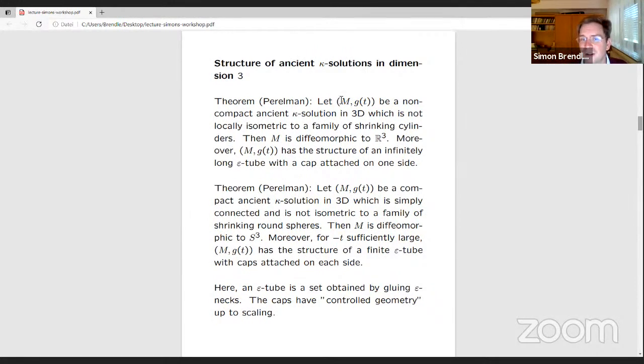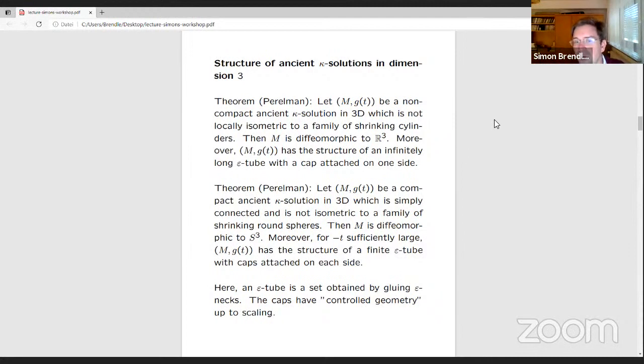Let me begin with the non-compact case. If you have a 3D ancient solution which is non-compact and kappa non-collapsed and satisfies the other conditions, then it's either locally isometric to a family of shrinking cylinders. In other words, up to isometry, it's just a quotient of these shrinking cylinders. Or the other possibility is that the solution is diffeomorphic to R3, so you understand its topology.